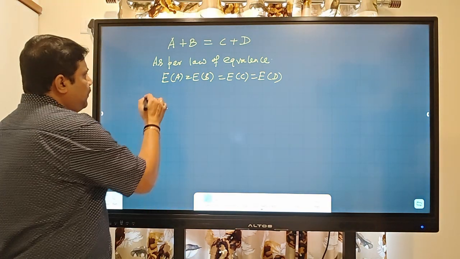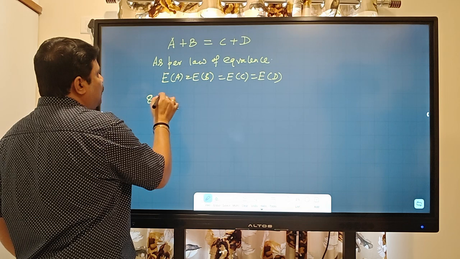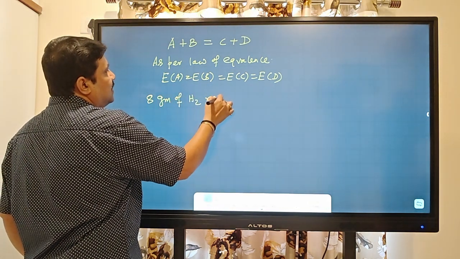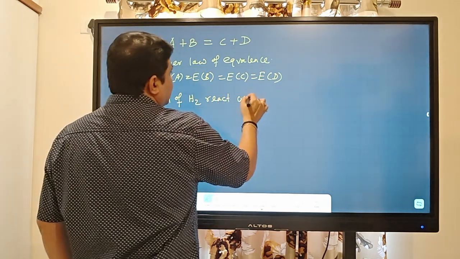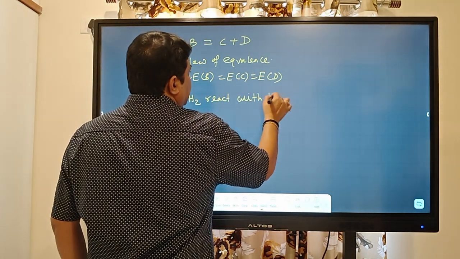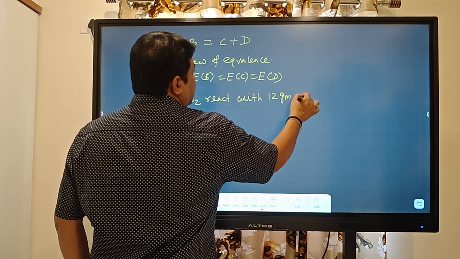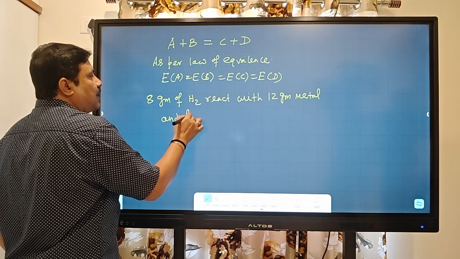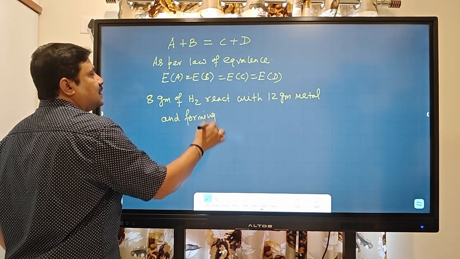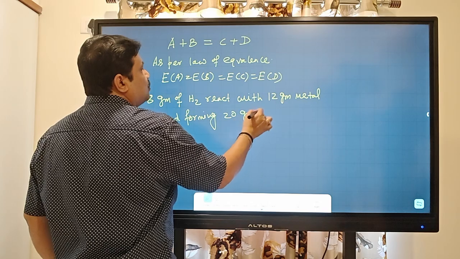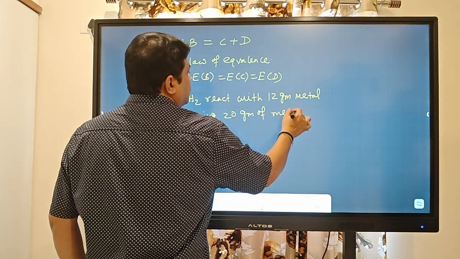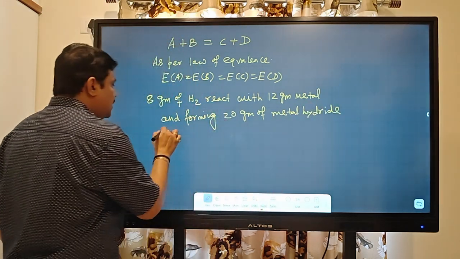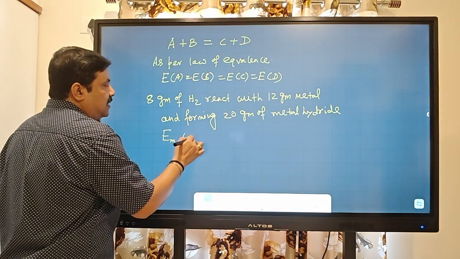Suppose I am telling you 8 gram of hydrogen reacts with 12 gram of metal and forms 20 gram of metal hydride, and then they are asking what is the equivalent mass of the metal.